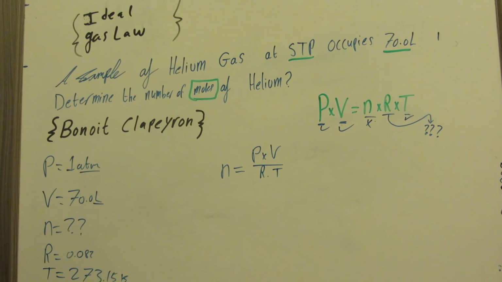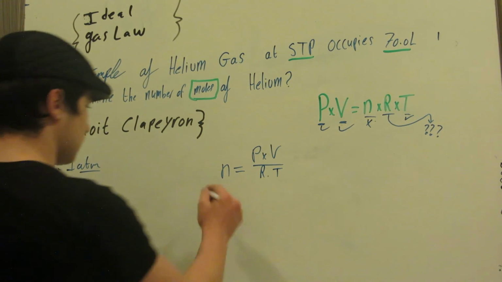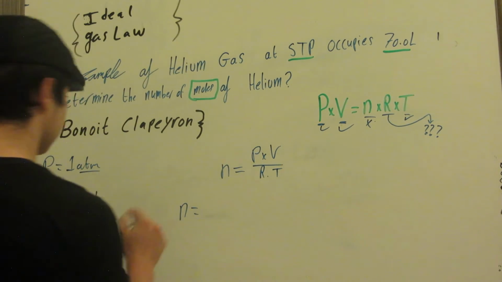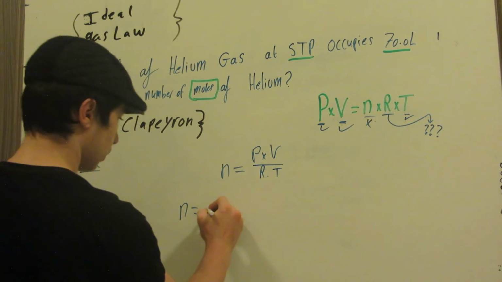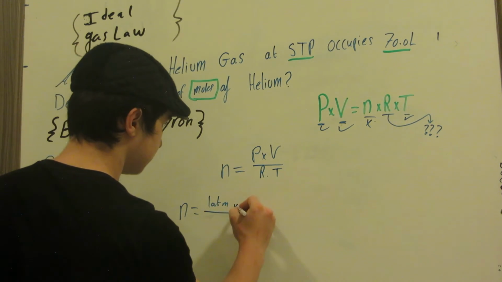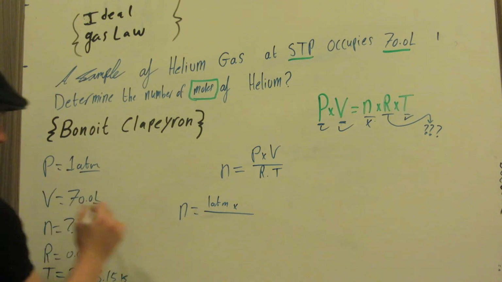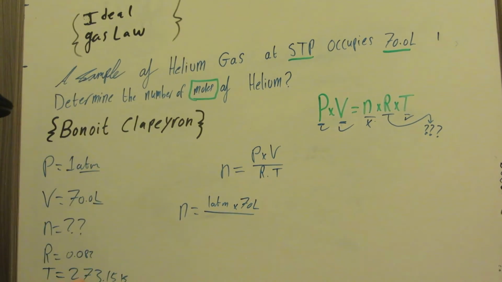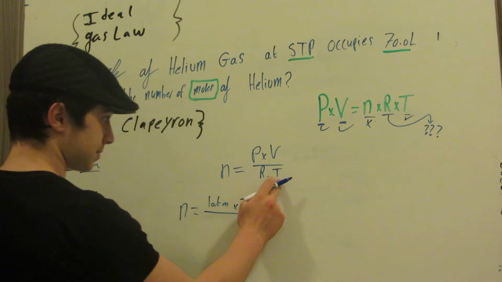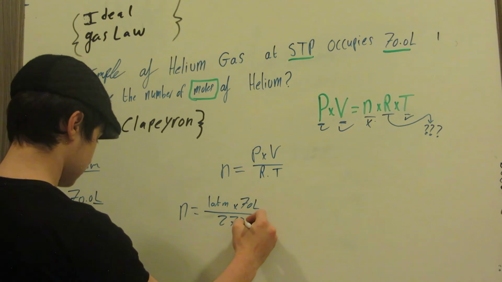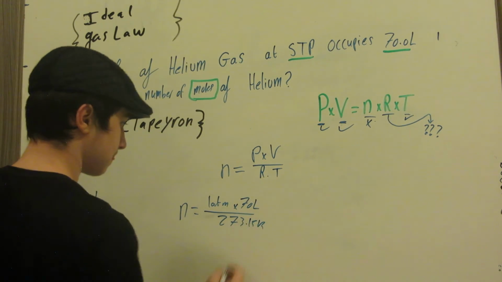Let's do this real quick. Let's start solving. So, N, we're going to have the first value P, which is 1 ATM, multiplied by the V, which is 70 liters. Now the R. Before we put the R, let's plug in the T, which is 273.15 Kelvin.